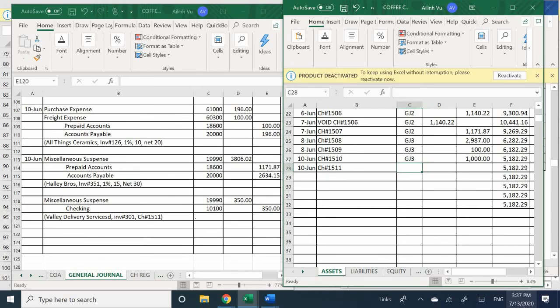And it was for General Journal 3. And we wrote a check, so it's going to be a credit amount of $350. So now you should have a remaining $4,832.29 in your bank account. Okay.